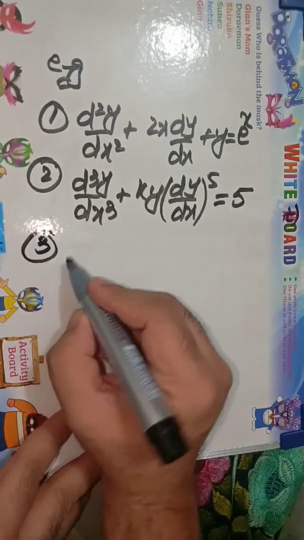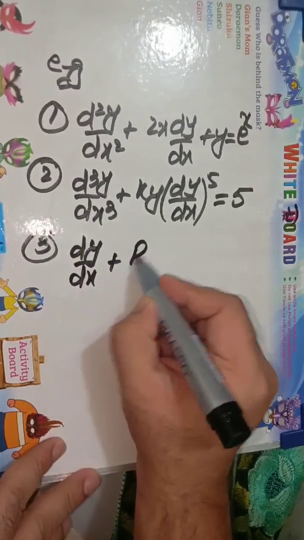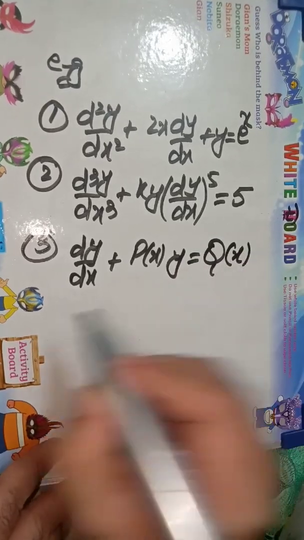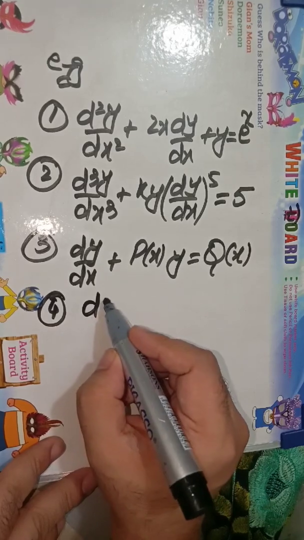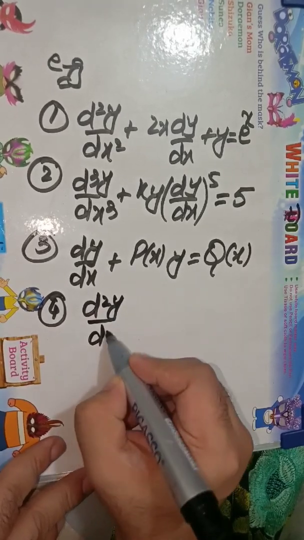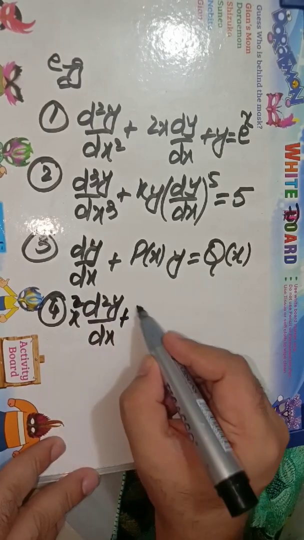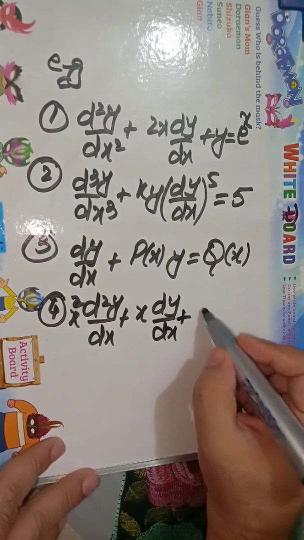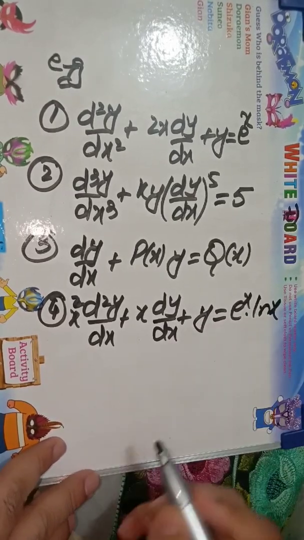Third example is dy by dx plus pxy is equal to qx. Fourth example is x square d square y by dx square plus x dy by dx plus y is equal to e power x log x.